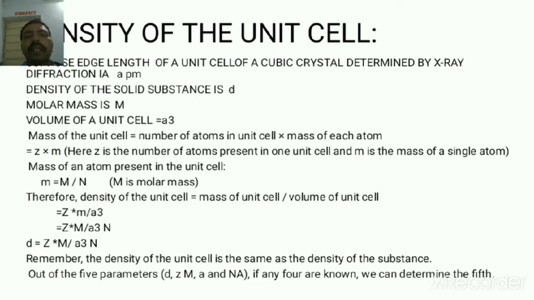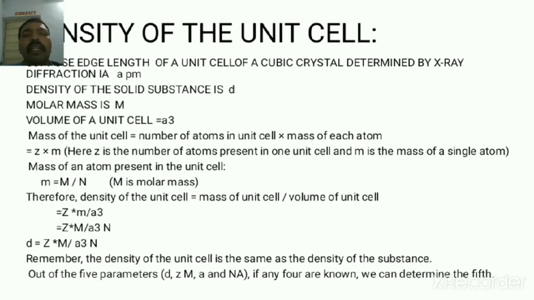In a cubic arrangement, all the sides are equal, that means edge length a is equal to b is equal to c. Therefore, the volume of the cubic unit cell is equal to a cube, and the mass of the unit cell is equal to the number of atoms in the unit cell into the mass of each atom.